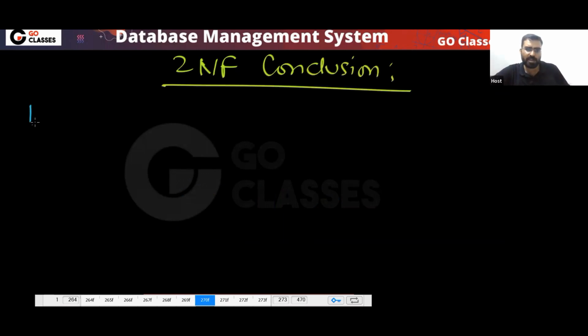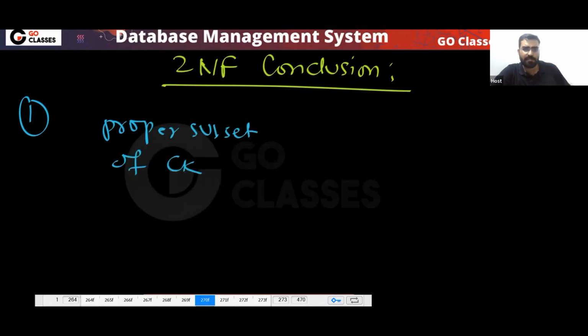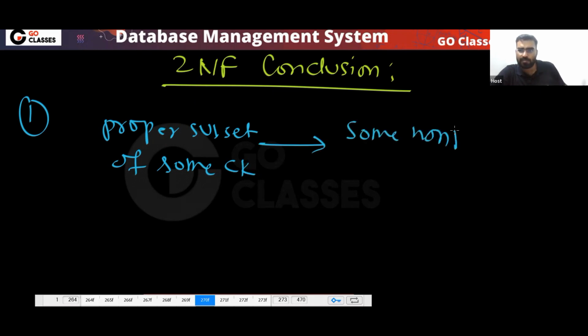The first important point is, if you have this, then it is not 2NF. Let's assume a proper subset of some candidate key determines some non-prime attribute.